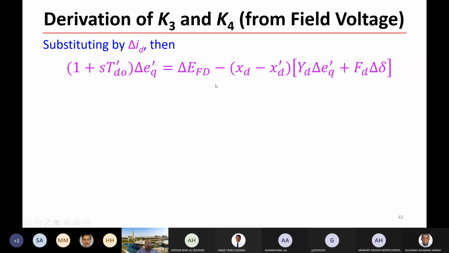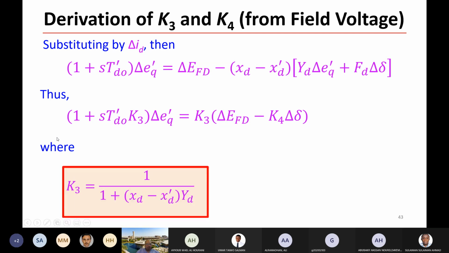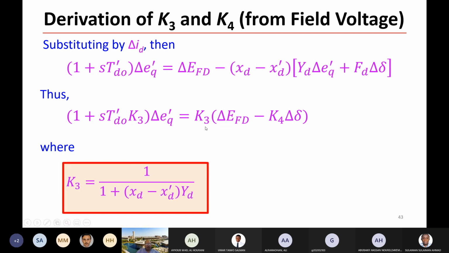So you can derive again delta EQ prime equal to whatever here. This becomes in terms of all the states that we have here. EQ prime, if they are the states, delta is the state. So you can express them in this.